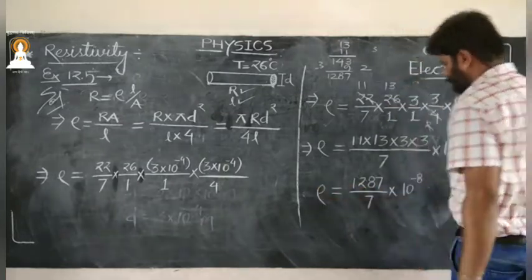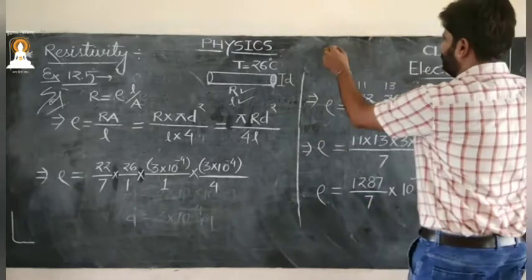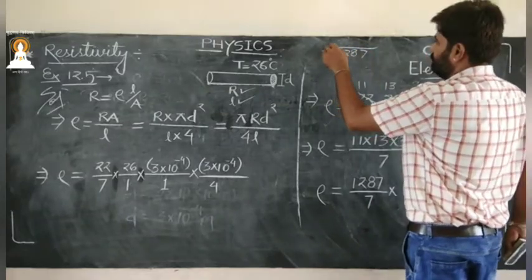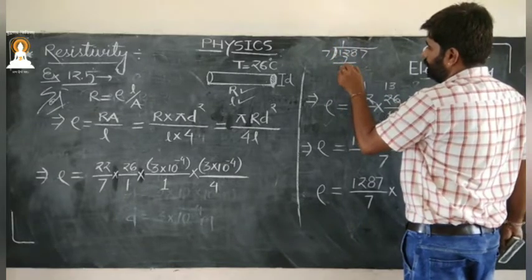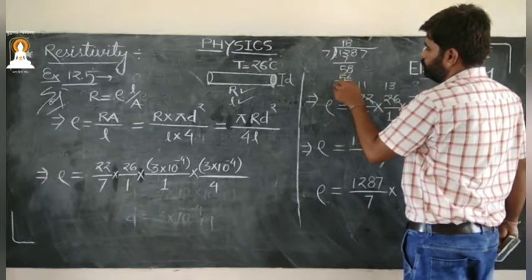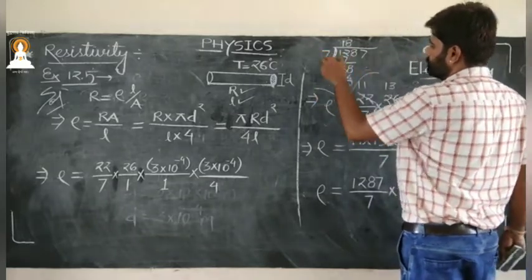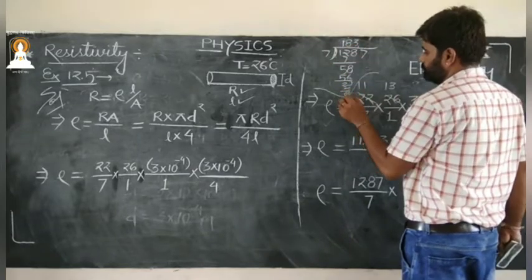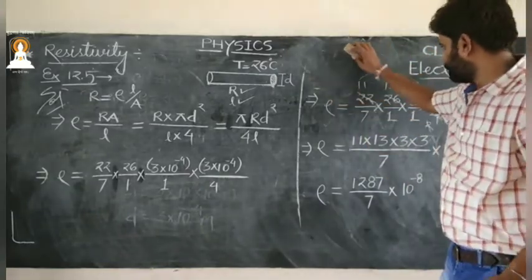Now divide it: 1287 divided by 7 is 183.8.